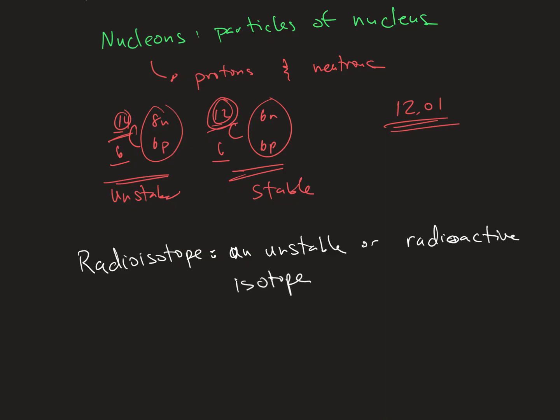Yeah, unstable or radioactive isotope. Radioactive means it's going to decay, it's going to break down. Why does it do this? So that it can become more stable, okay? And it's going to do it whether we do anything about it or not.